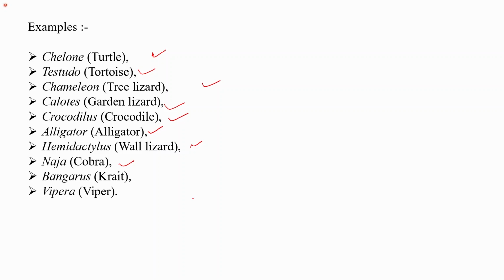However, it might be asked that some of these snakes are poisonous and some are non-poisonous. For example, snakes can be poisonous or they can be non-poisonous, right? So this might be asked, for example, which of the following snakes are poisonous?